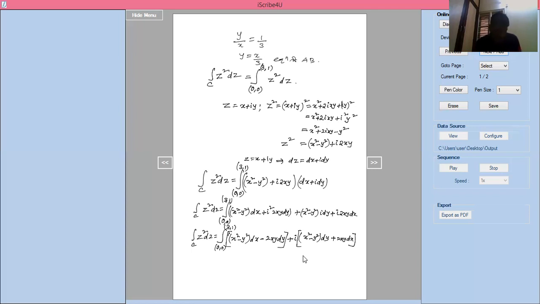What is that curve? y equals x by 3. If y equals x by 3, then dy by dx is 1 by 3. Now we can cross multiply, and you will get 3 dy equals dx.